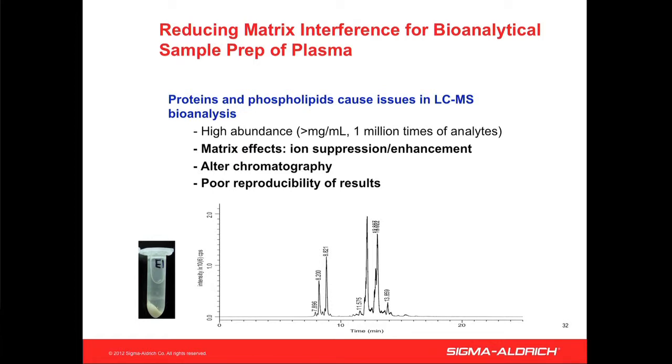I can't tell you for sure which MRM it is, but this is specific for phospholipids, for looking at the polar head group of phospholipids. And you can see you get a variety of components that are coming off in a gradient, a reverse phase gradient, across a variety of retention window times there.